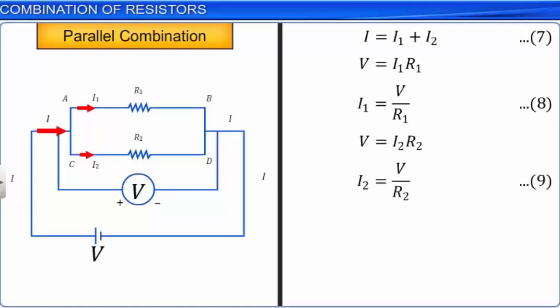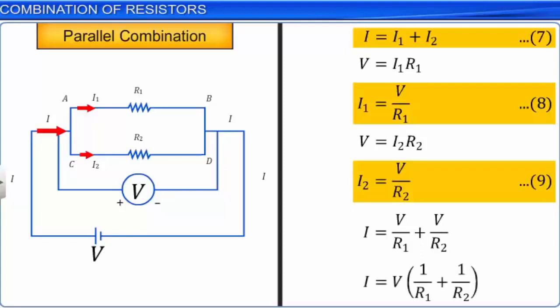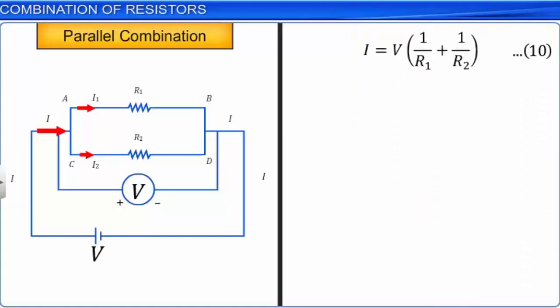Substituting equations 8 and 9 in equation 7, we get I is equal to V by R1 plus V by R2 and I is equal to V into 1 by R1 plus 1 by R2. Let this be equation 10. Equation 10 can be rewritten in the form I is equal to V into 1 by Req.